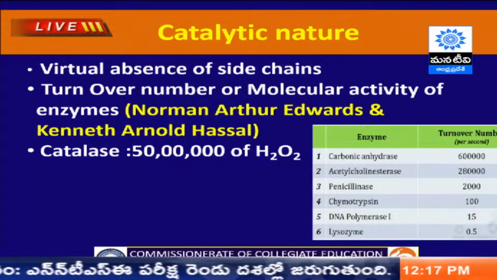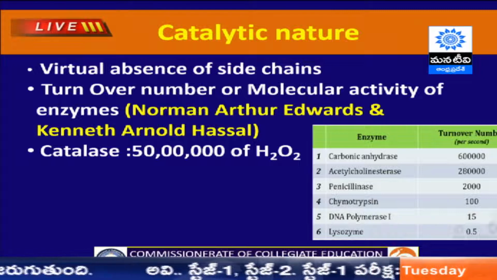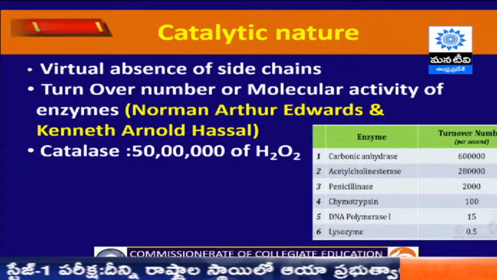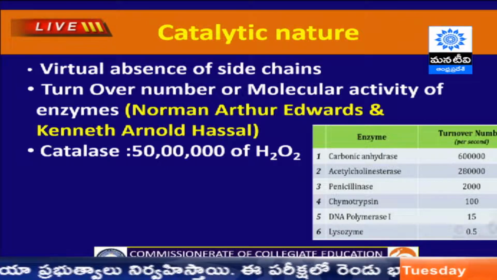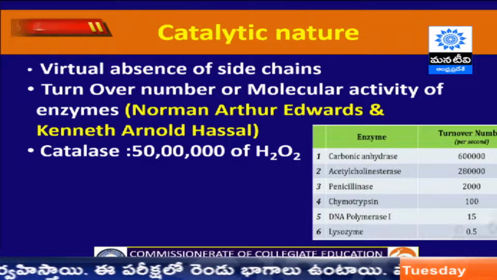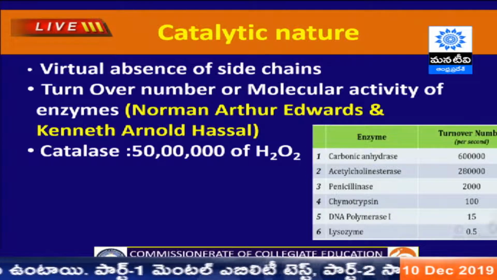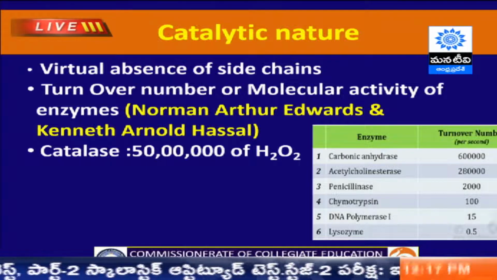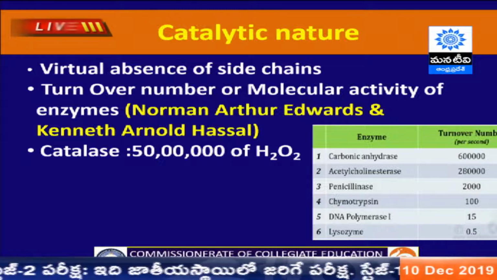The turnover number is the number of substrate molecules converted into product in a unit time by a completely saturated enzyme. That means after complete saturation of the enzyme, the number of substrate molecules converted into product molecules is called the turnover number.